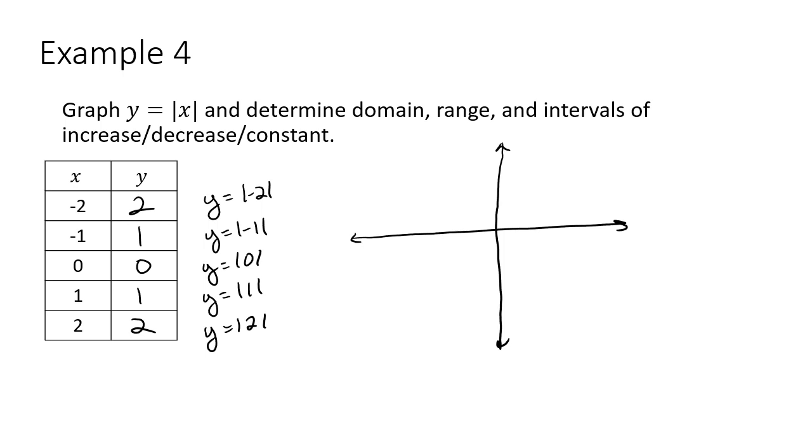And so my x values go from -2 to +2. My y values go from 0 up to +2. And again, you're going to get a straight line going out in both directions with no curve at all.